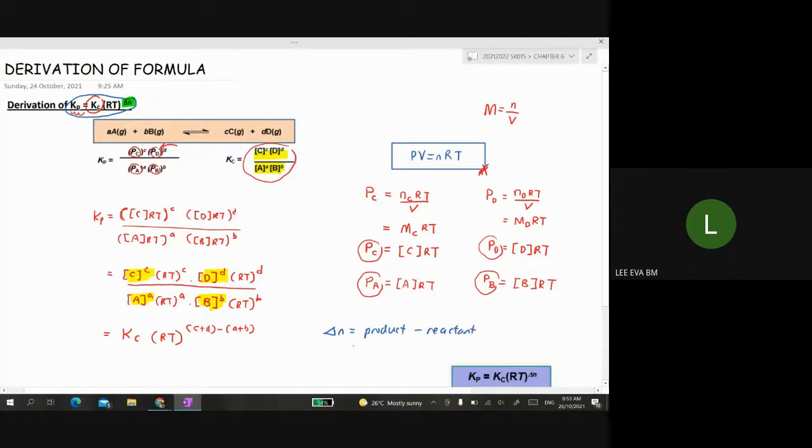For the products over here, we have C and D, so C plus D, both are your product, minus the reactant A and B. It will give you the symbol delta N. So we conclude over here, Kp equals Kc RT to the power delta N. This is the formula that we want to get from the general formula up there.